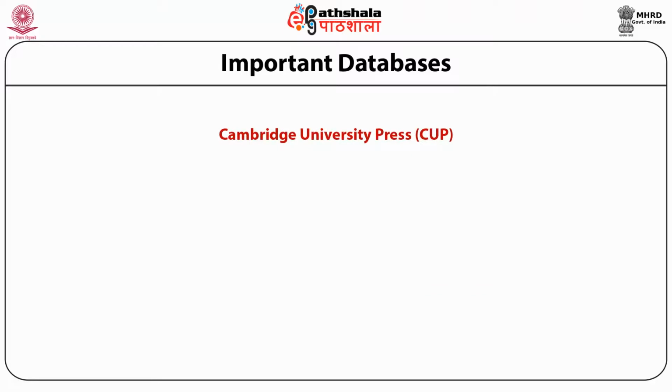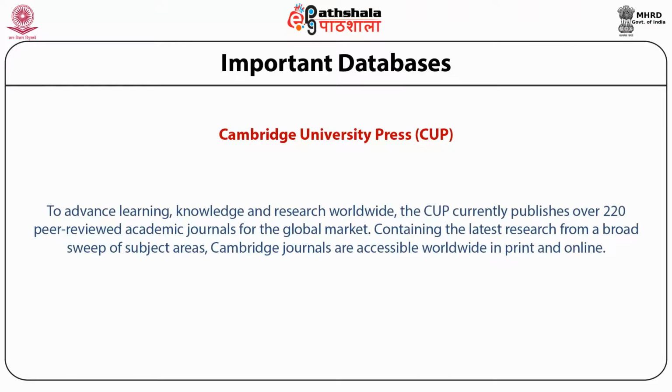Cambridge University Press. It is another important database coming from Cambridge University. To advance learning, knowledge and research worldwide, the Cambridge University Press publishes over 220 peer-reviewed academic journals for the global market.